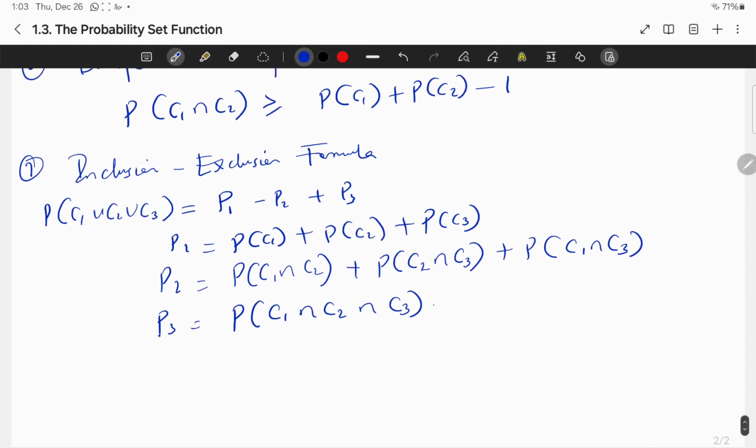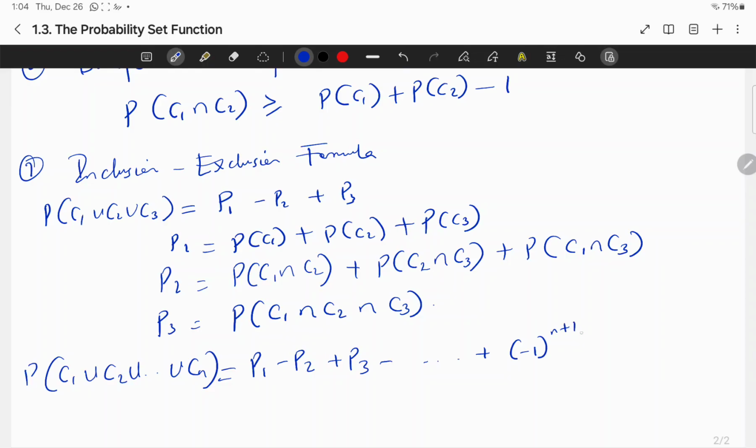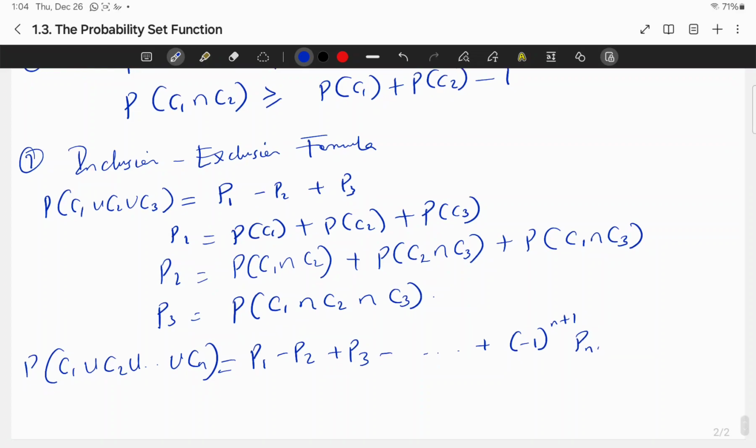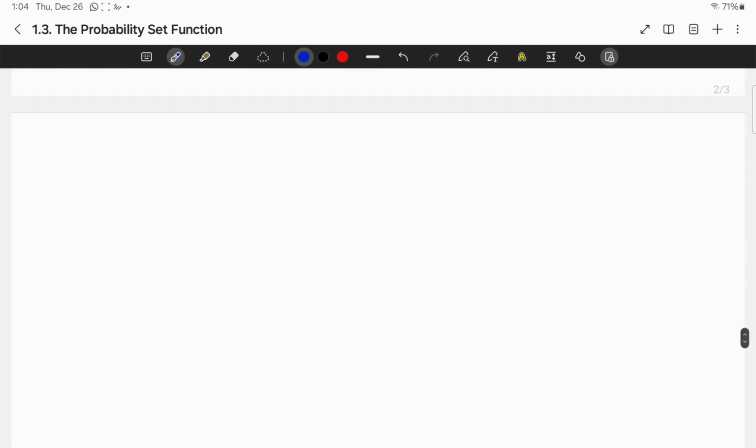Okay, so then for n number of events, we have P1 minus P2 plus P3 minus and so on, plus minus 1 to the power n plus 1 times P of n. So let's check some useful inequalities.